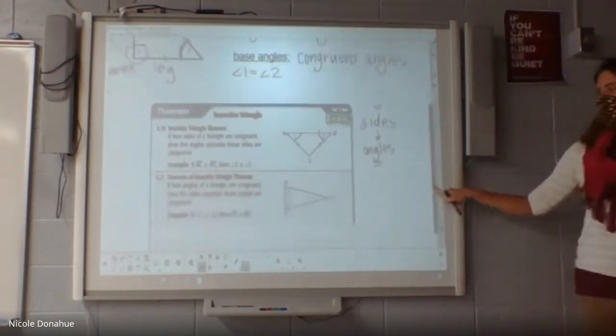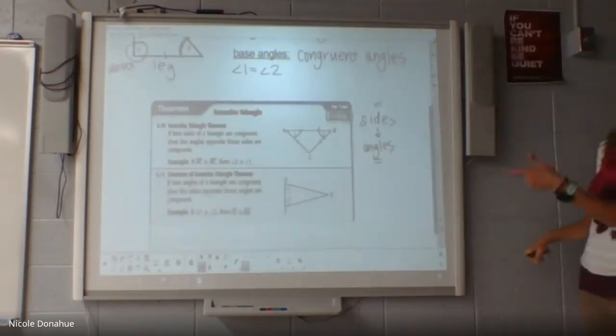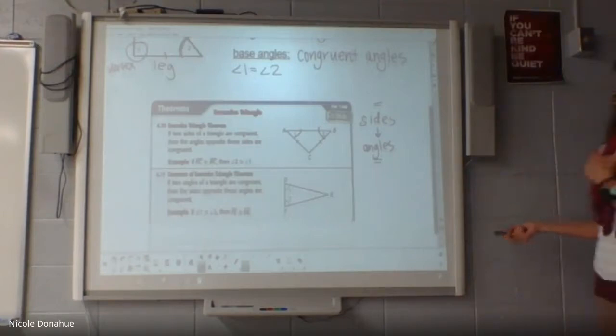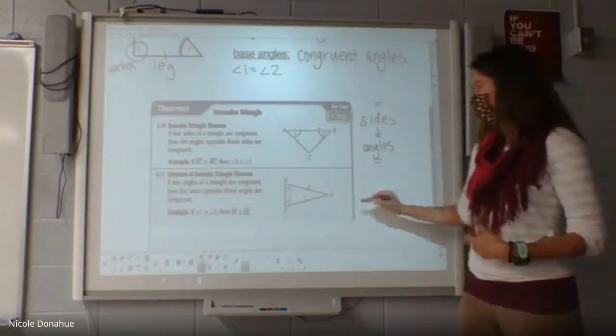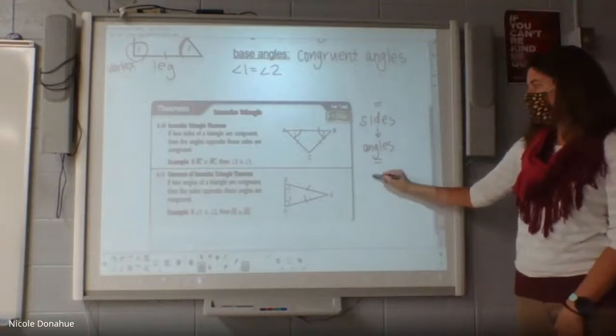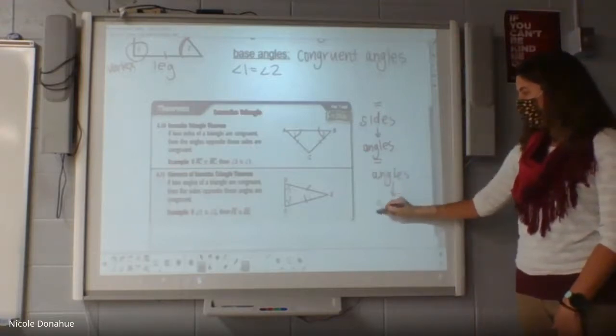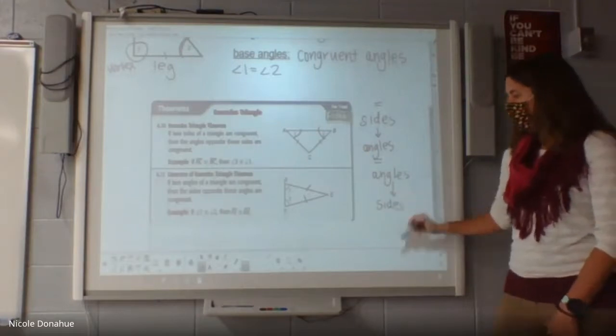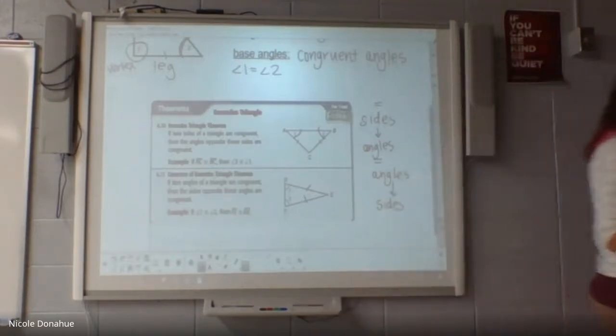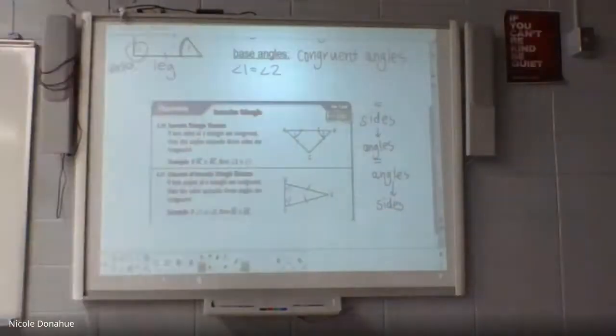We have equal sides, we have equal angles. And then the converse says if we have equal angles, then we have equal sides. It goes both ways. This is kind of an if and only if idea. So I only really need one or the other. If I have the sides, I know the angles are equal. If I have the angles, I know the sides are equal. They interact with each other that way. They go both ways.